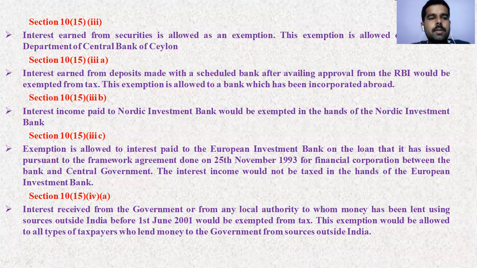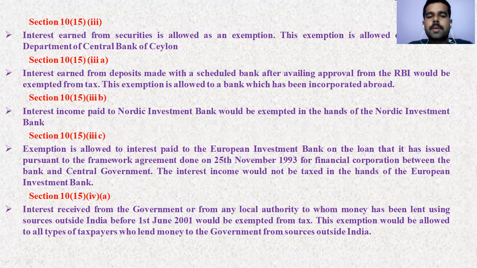Okay, the next is section 10, subsection 15, IB. Here, interest income paid to Nordic Investment Bank would be exempted in the hands of Nordic Investment Bank. Okay, the next one here, exemption is allowed to interest paid to the European Investment Bank on the loan that has been issued pursuant to the framework agreement done on 25th November 1993 for financial cooperation between the bank and the central government.